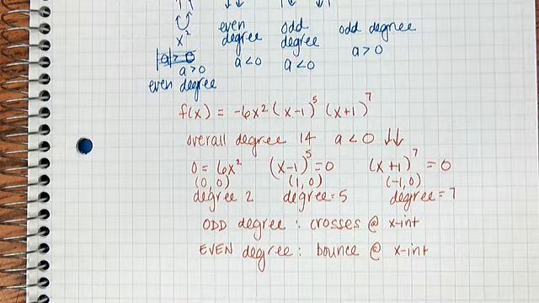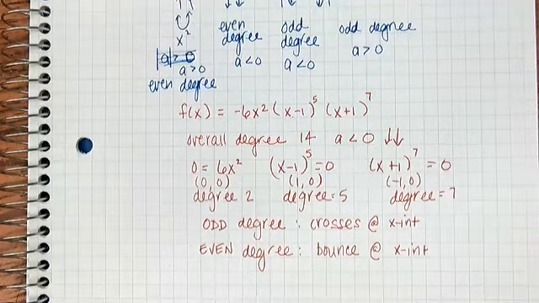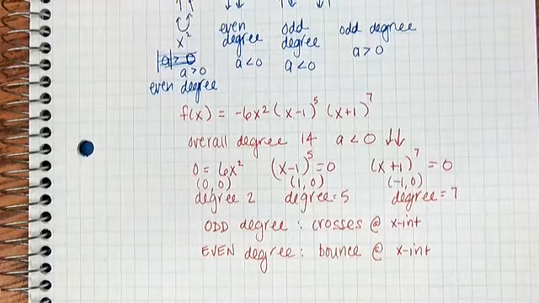Okay, let's work backwards. If I give you the zeros of a function, you write the equation.